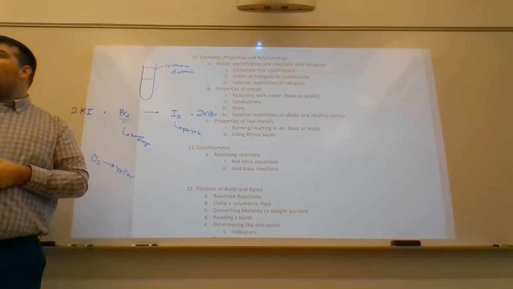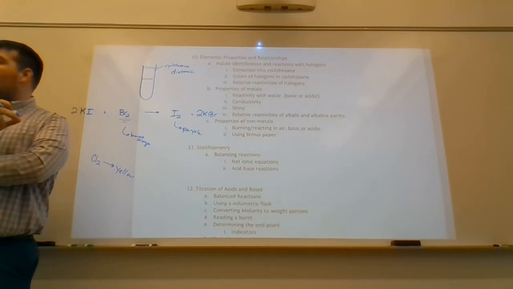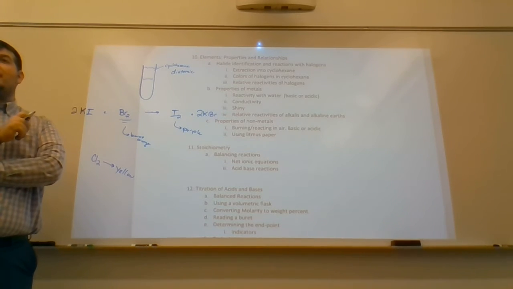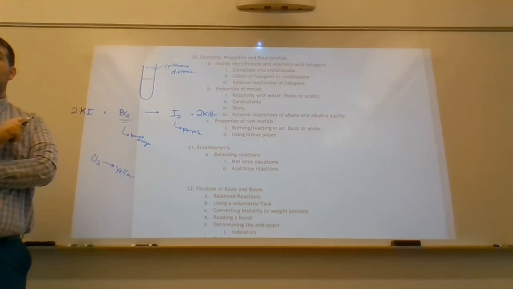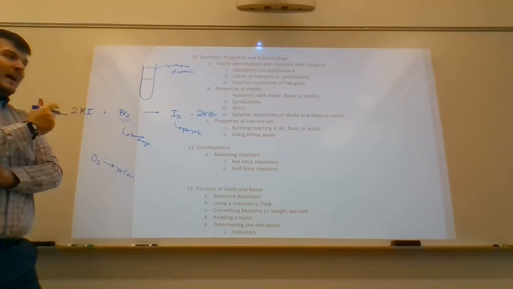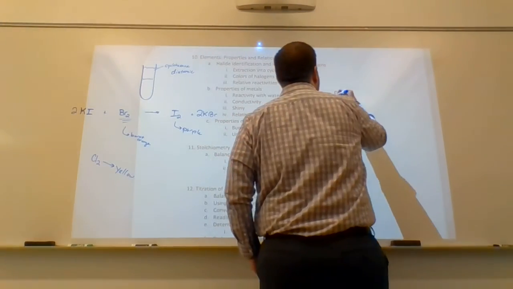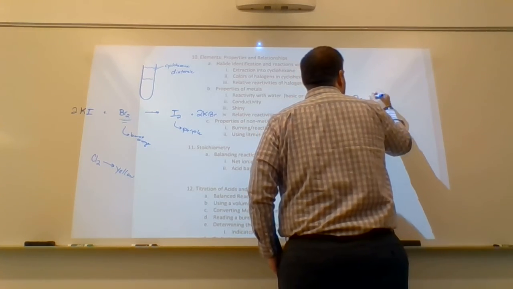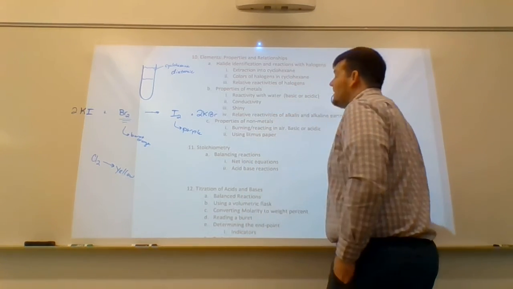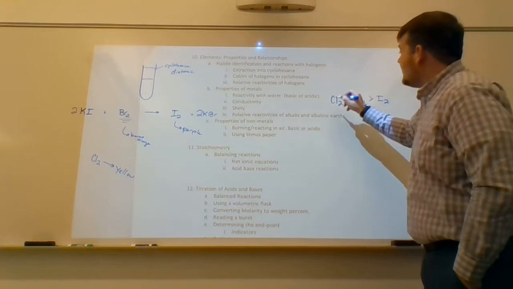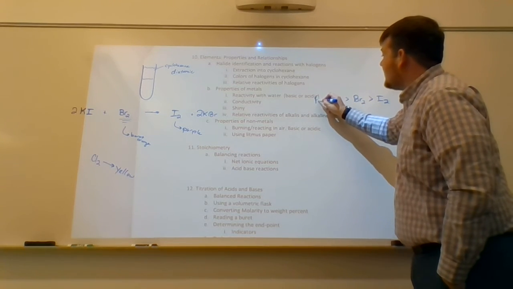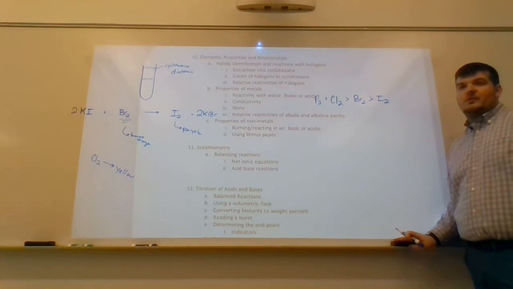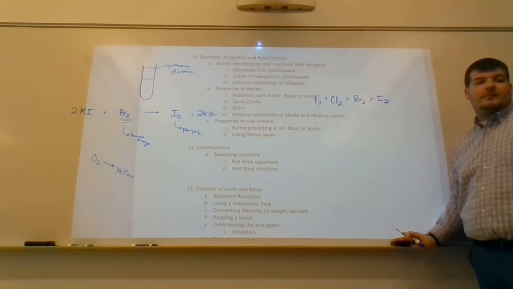Chlorine. It was opposite the trend that we saw from the alkali metals. Okay, it was the opposite. So as far as reactivity goes, we would say that chlorine is more reactive than Br2, which is more reactive than I2. And then if we were to continue on with this trend, we would say that that also means that fluorine is probably more reactive than chlorine. Fluorine's very dangerous, so that's why we didn't do anything with fluorine.